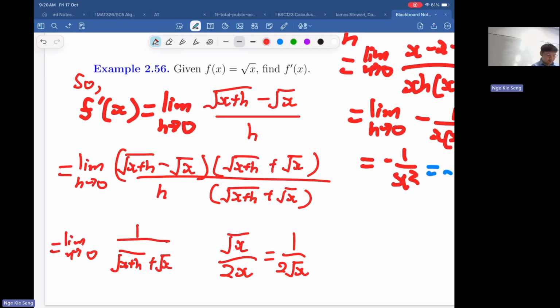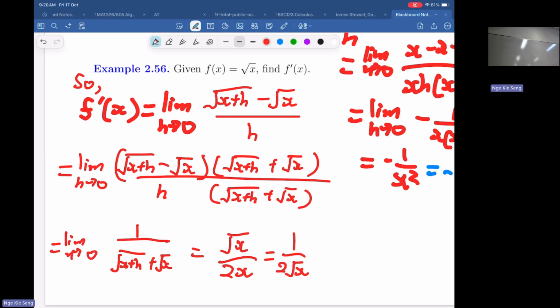So you can see the miracle here: although you are dividing by h and cannot just do substitution, after some simplification of your function, usually this h will disappear. The h in the denominator will disappear. Then this makes the limit possible.